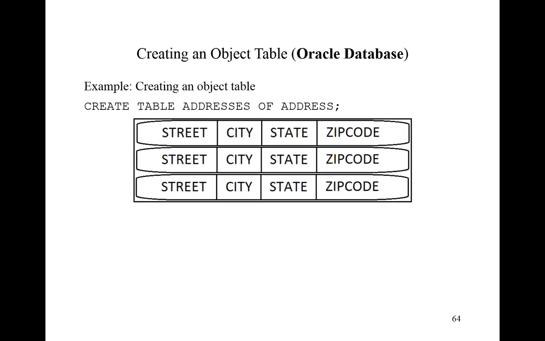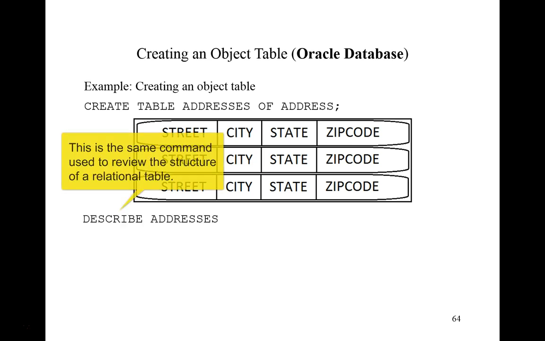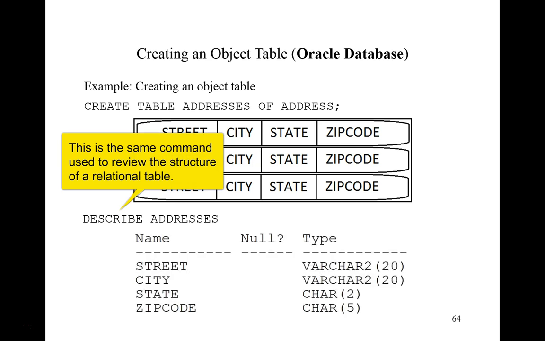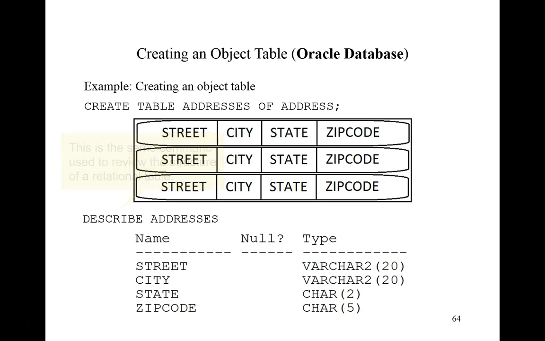This table would have a structure like this. We can describe the table just as we can describe any relational table. So using the SQL*Plus describe command, we describe addresses, and it tells us we have these various attributes or columns. Although the create table statement is used to create an object table, there is a difference in the syntax from that used to create the conventional relational table.